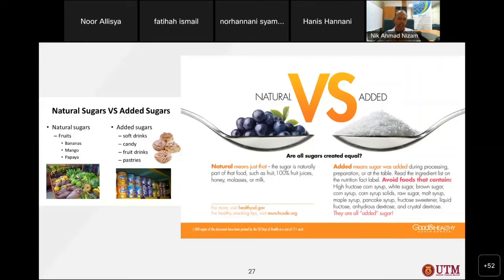Yes, it's okay. We are not taking sugar from the fruit, but we need to eat a lot of fruits, and inside the fruits there is a natural sugar. So if you eat a lot of fruits, they will not increase the sugar level in your body. It's not like that.